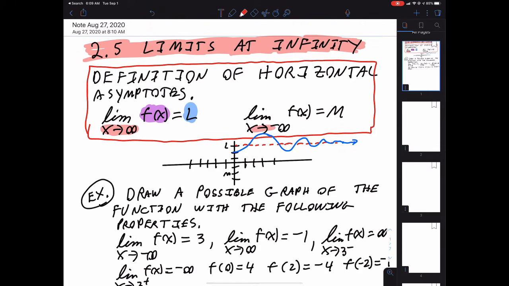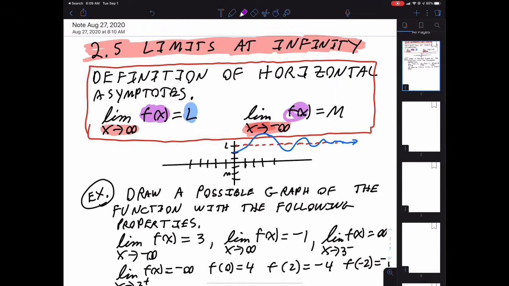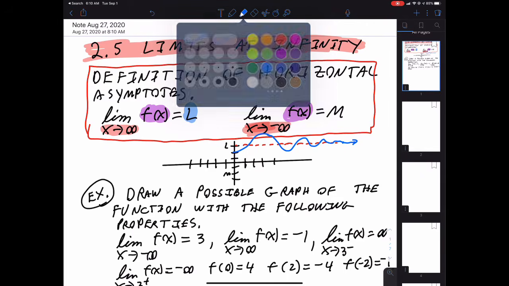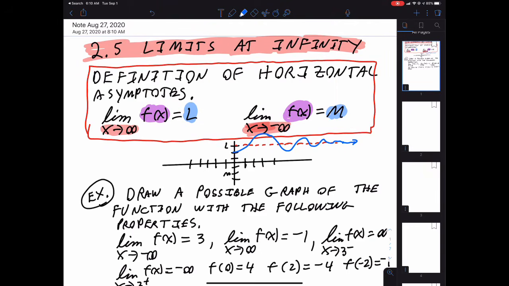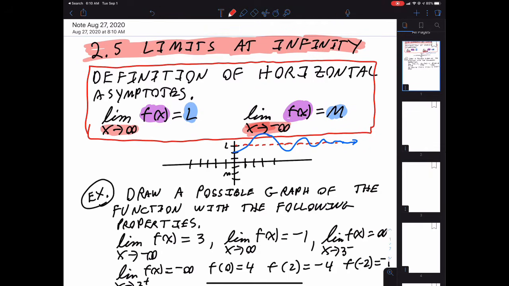So if you look at this here, the only difference is you're moving to the left. It says as you're moving to the left, this is saying your function f of x, or your y value of your function, does what? It gets really, really close to M. So it's the same thing, but now we're moving to the left.